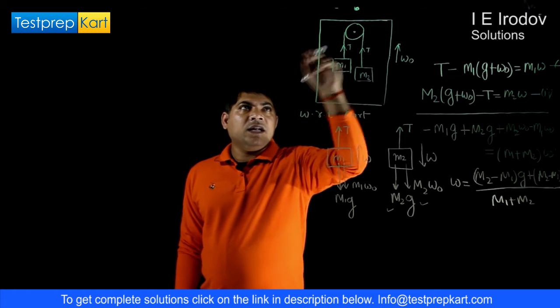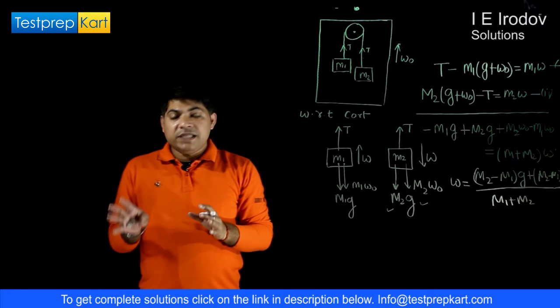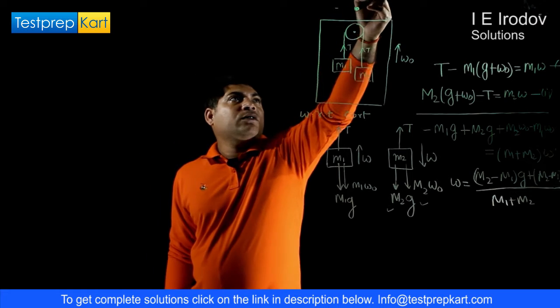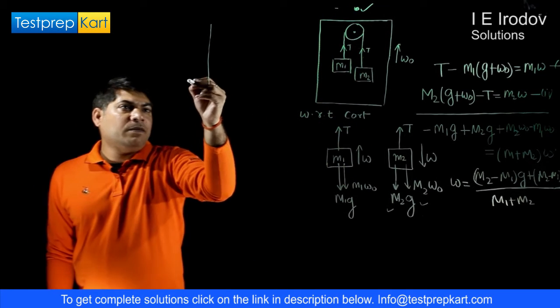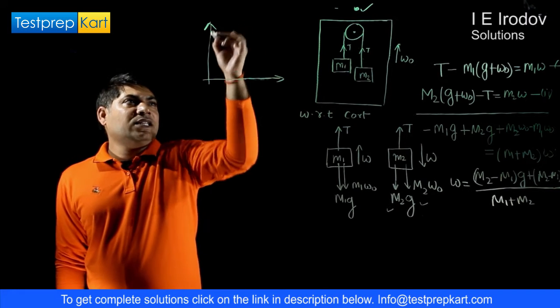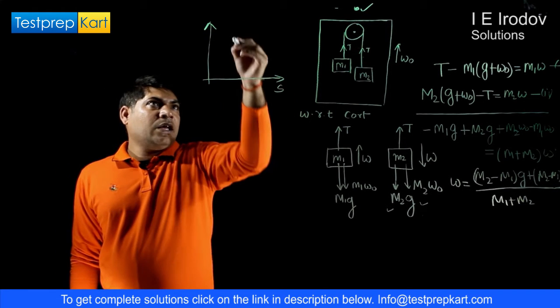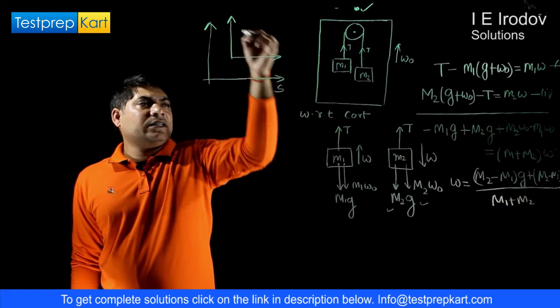But as per the question, we have to calculate acceleration with respect to this shaft, which is stationary. So for that, we need to draw the frames of reference. This is your shaft, and we can consider this is the frame of our cart.